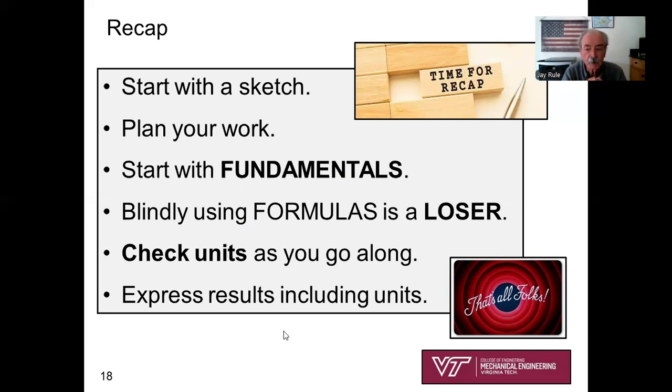Blindly using formulas is a losing proposition for this class. The sooner you can get over that hump, the better you're going to do. Check your units as you go along. Units can be your friend, and it's necessary that you work with units throughout your solution. And in the final result, you must include units with the numerical results. Express results clearly in your solution, including the units.